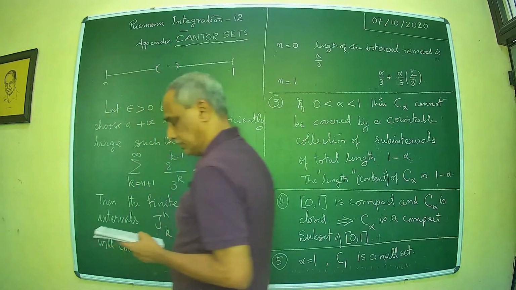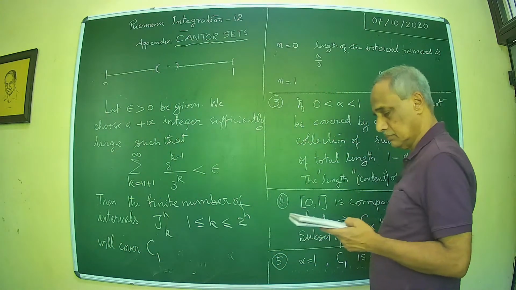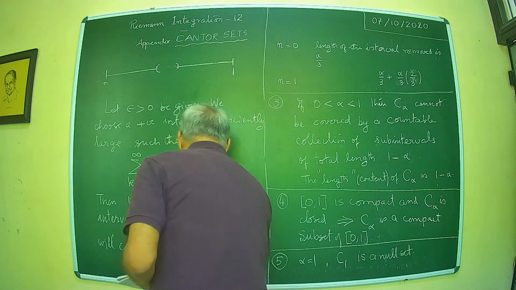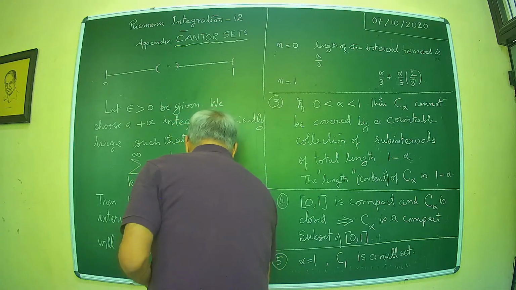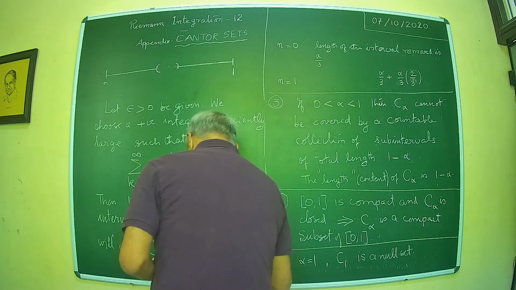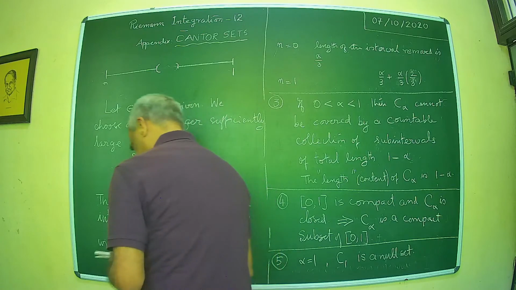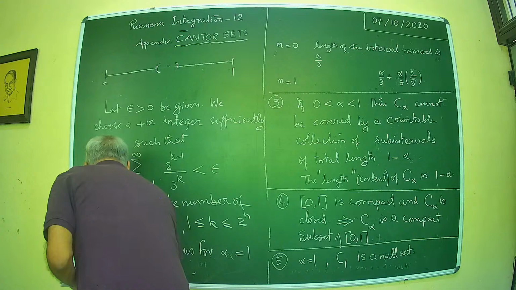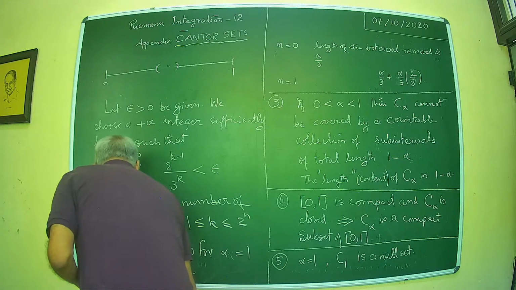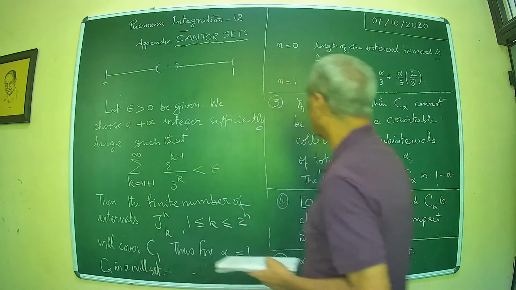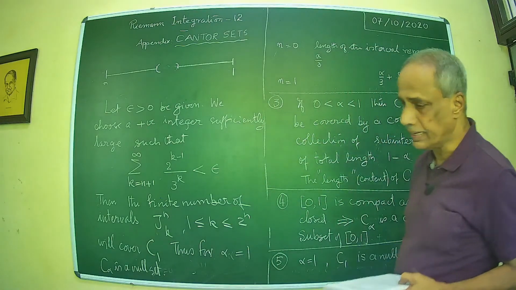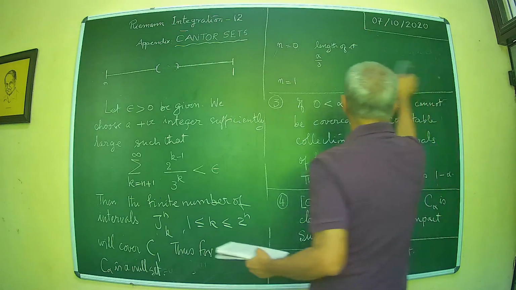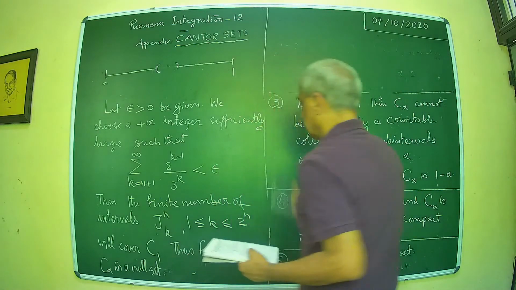We are talking about C1, not C alpha. Thus, for alpha equal to 1, this is obvious. For alpha equal to 1, C alpha is a null set. And one remark that you immediately have is that for alpha less than 1, C alpha is not a null set.